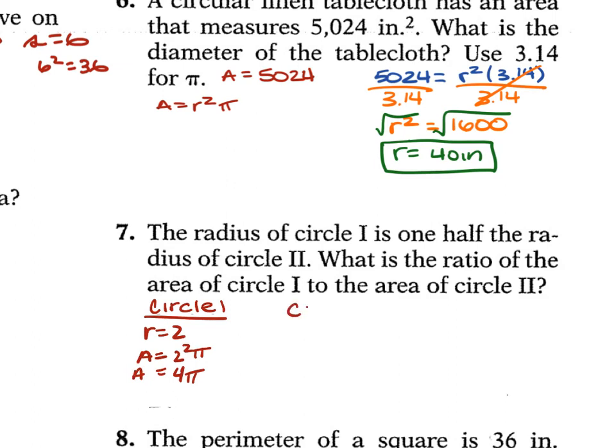For circle 2, that means our radius would be double that, so that would be 4. So that means that our area would be 4 squared times pi, so that's 16 pi. Which means 4 to 16, or 1 to 4.